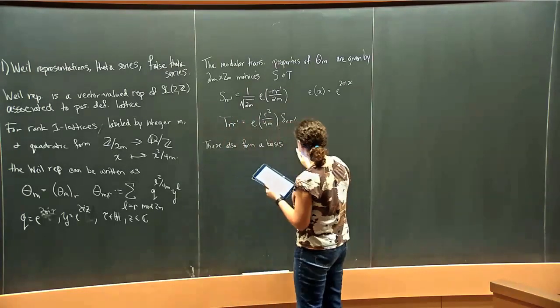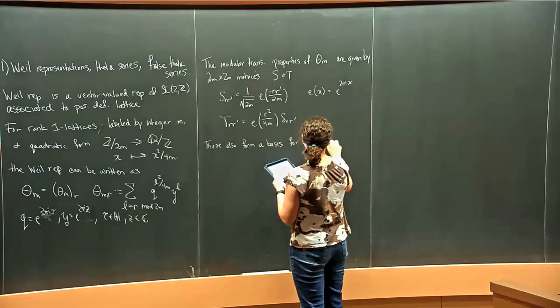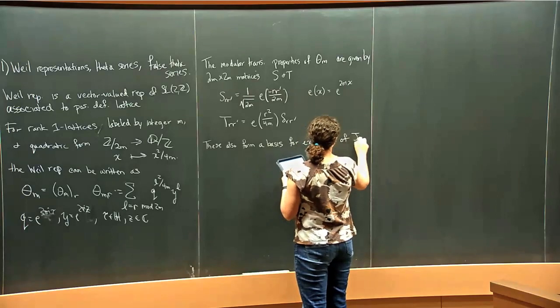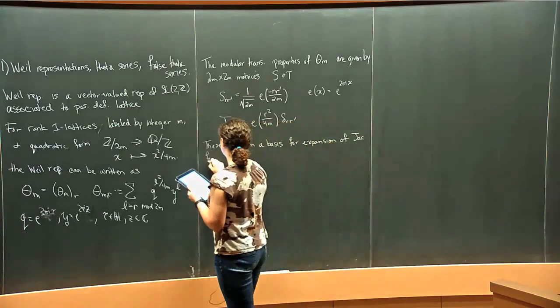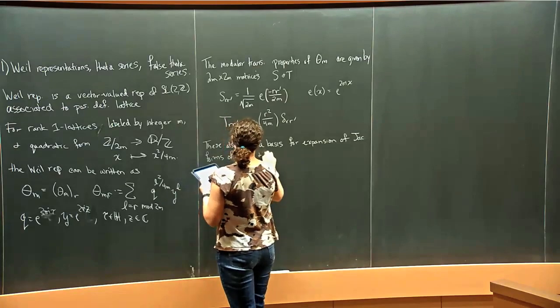So these form a basis for expansion of Jacobi forms of weight k and index m.